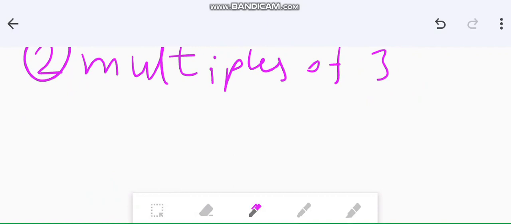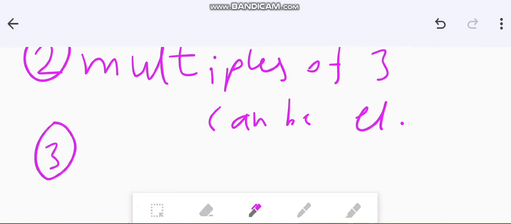Why? Because the next number is 3. The next number is 4, which is a multiple of 2, so we'll not consider that one. So multiples of 3 can be eliminated. Then the next number is 5. 5 doesn't come under a multiple of 2 or of 3, so now we will eliminate the multiples of 5.